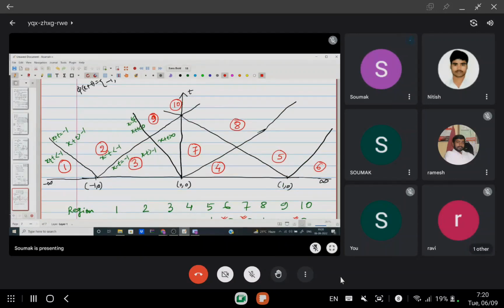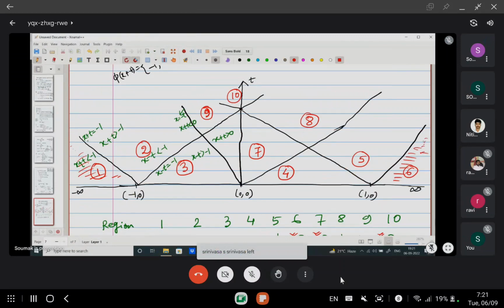1, 6, 7, 10. 1 is an unbounded region, extending to minus infinity. 6 is also an unbounded region, right? 7 is a bounded region, bounded by these 4 lines, but 10 is an unbounded region.